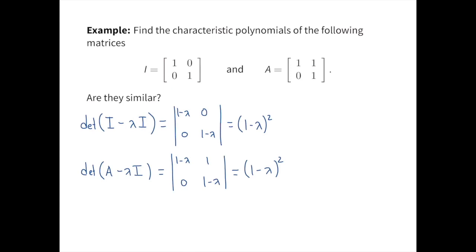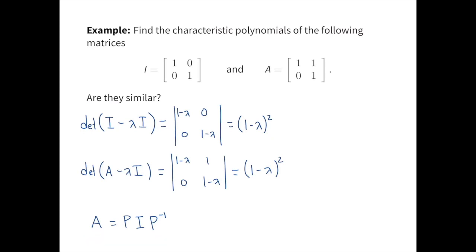And you can see that these two matrices are not going to be similar to each other pretty easily. For example, suppose that the matrix A was indeed similar to the matrix I. Well, if that were the case, that would mean that there's an invertible matrix that allows me to relate these two things as so.